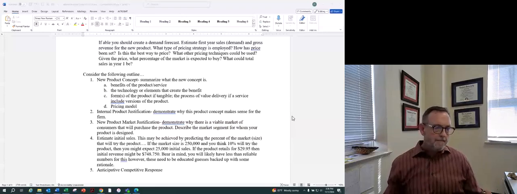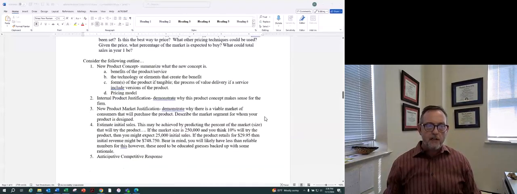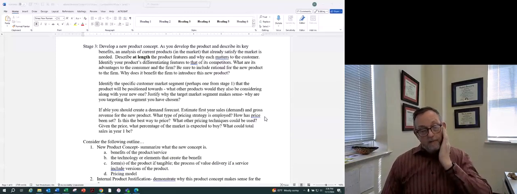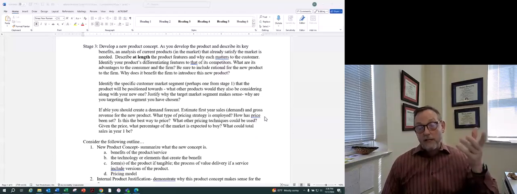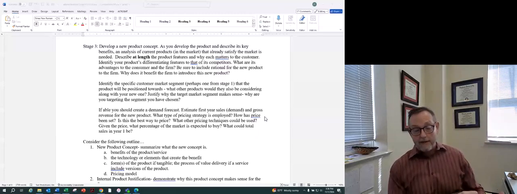Okay, so again, this is stage three of our project where we're actually creating our concept for our product. This will eventually lead into stage four, which is the launch of the product, and how that launch will be executed. And in fact, when we do that, we've talked about the product P of the four Ps.